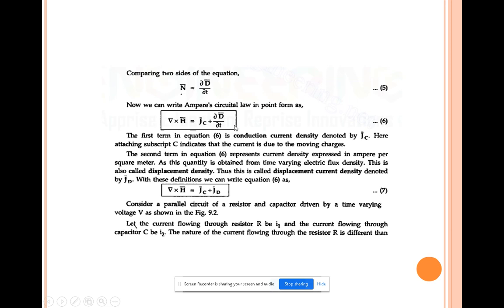Okay, that is displacement current density. So JC vector plus JD vector will give the del cross H vector. So the addition of these two current densities, conduction and displacement, will give the del cross H vector.